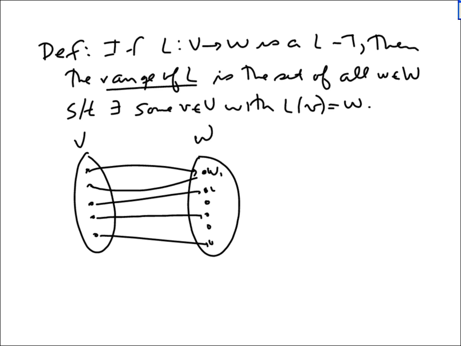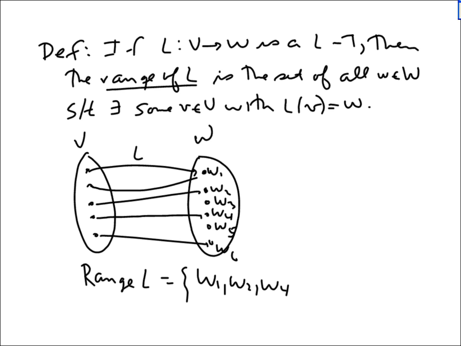And these vectors are denoted W1 through W6, and L. The range of L is W1, W2, W4, and W6.